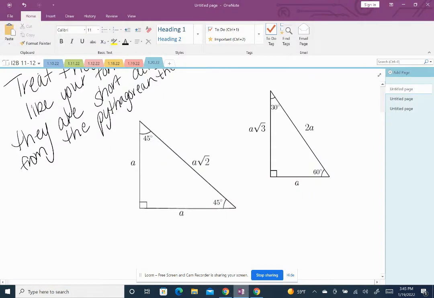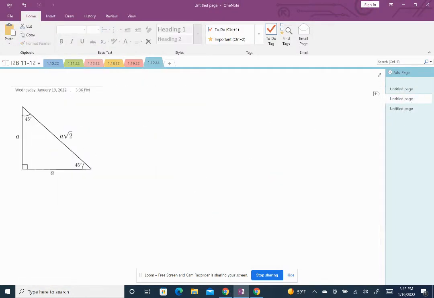Okay, so let's take a look at some example problems. So let's say I have this triangle here.